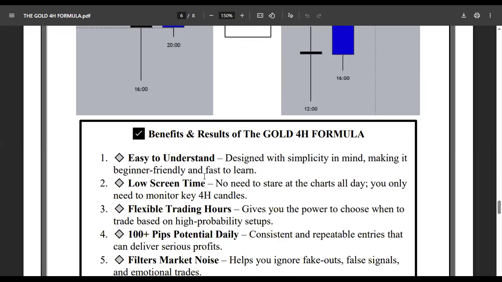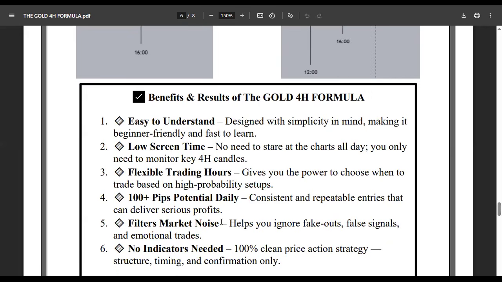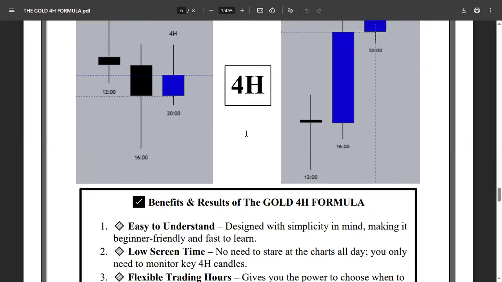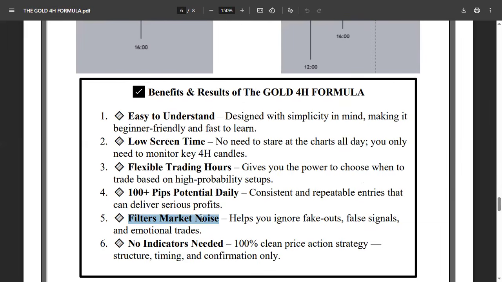Those are noises which I talked about here. We filter all the noises. So we just deal with candlestick anatomy, guys. I know there is a strategy about sessions, but in here we don't deal with those. We just use candlesticks.